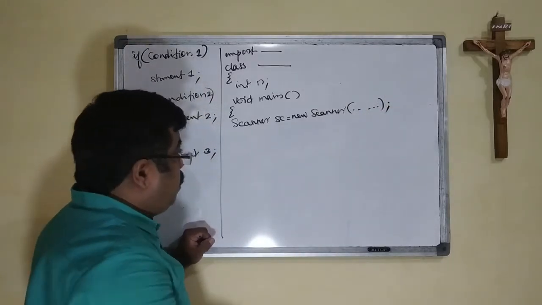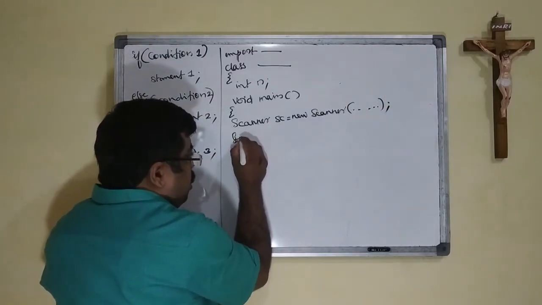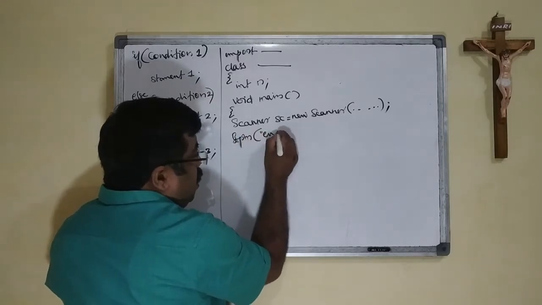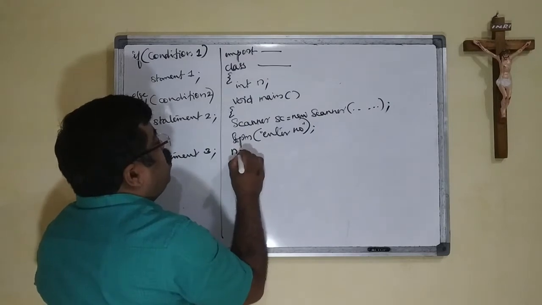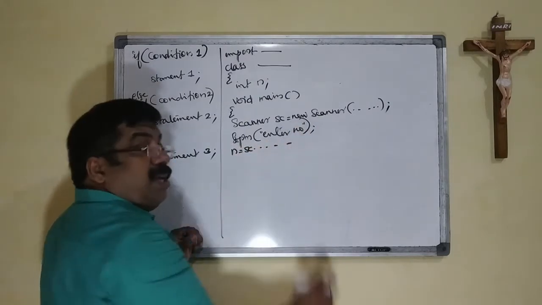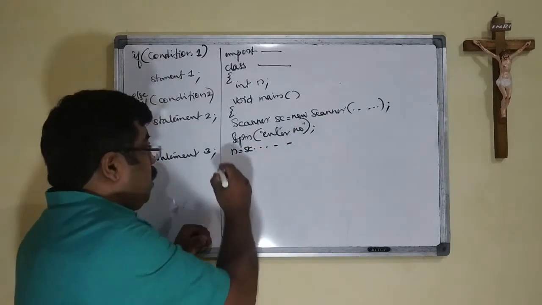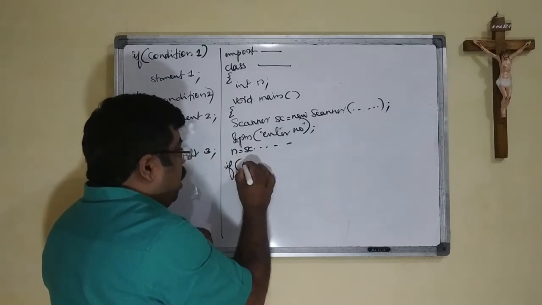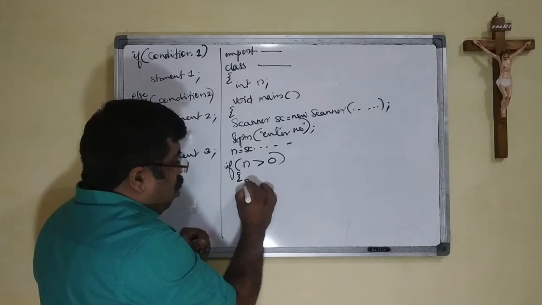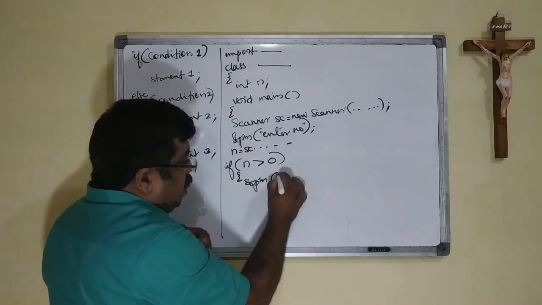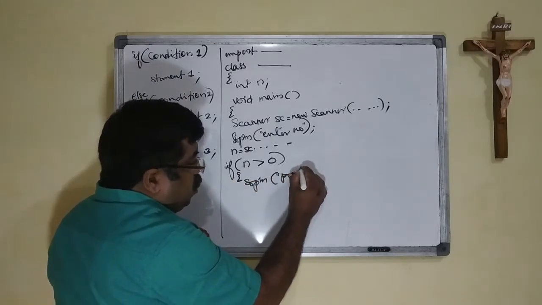We write giving the message SOPLN, enter number, n = sc.nextInt. As we did previously, if n is greater than 0, no doubt we will print it as SOPLN positive.